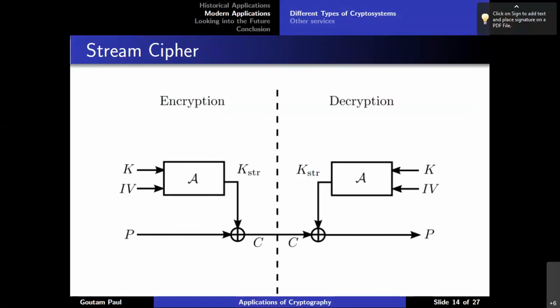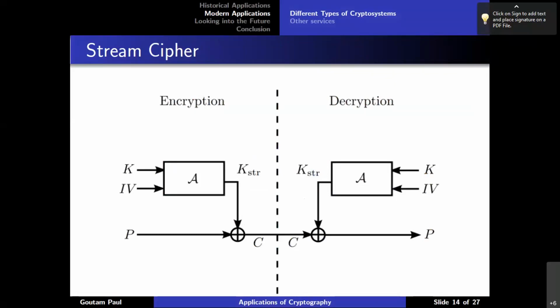So the encryption operation means that the sender and the receiver will generate the same bit stream, that is called K, capital K underscore STR in the diagram, the same bit stream that is generated at the sender and the receiver end. So at the sender end, they will do a bit by bit XOR operation of the plain text with that stream, and on the receiver end, the same stream will be XORed with the ciphertext.